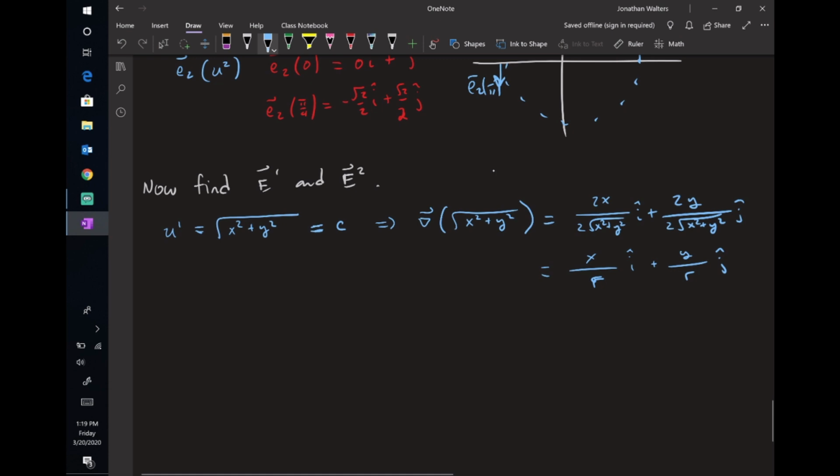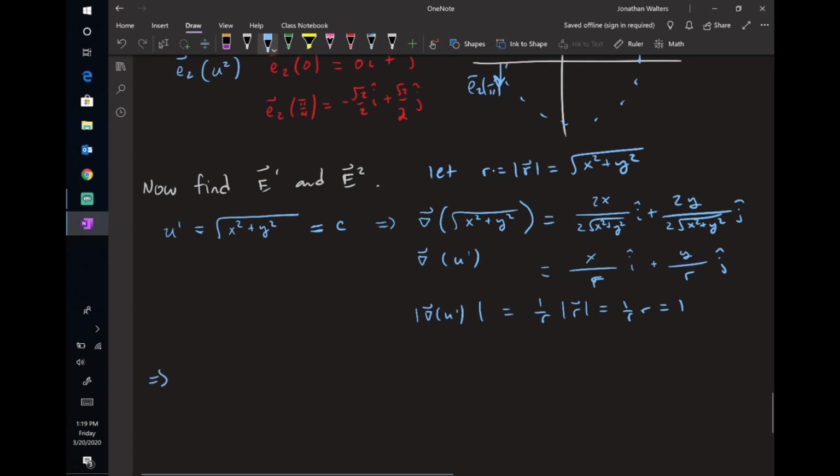And the magnitude of the gradient of U1 is 1 over r times magnitude of r, which is 1 over r times r, which is 1, if we're letting little r equal magnitude of r, which is square root of x squared plus y squared.